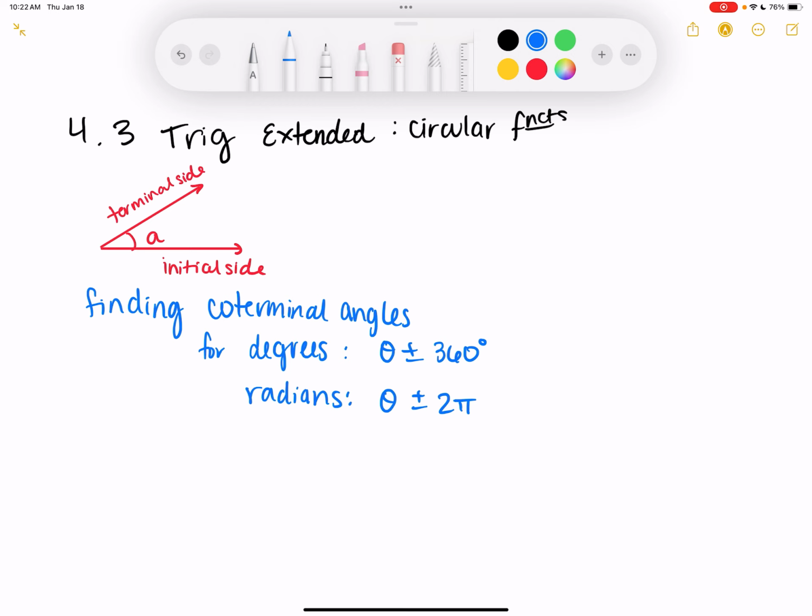So the first ones, I honestly like the way the Algebra 2 book does coterminal better, but the first problems, they give you 5 values, and they want you to find the one that's not coterminal with the rest of them.